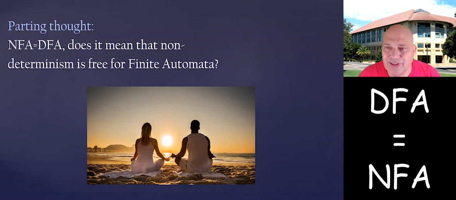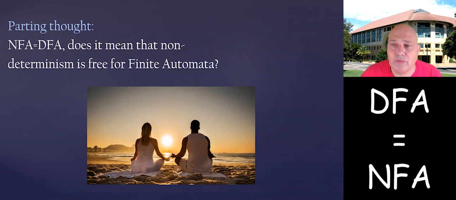So if we think about it as an actual computational device, then yes, we can have another constant size device, but it will be significantly larger. If you have an NFA with 10 states, you may reach a DFA with 1,000 states.